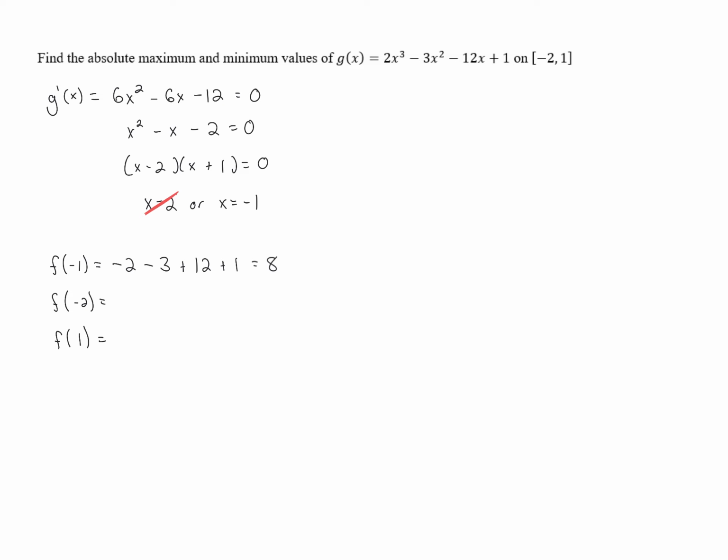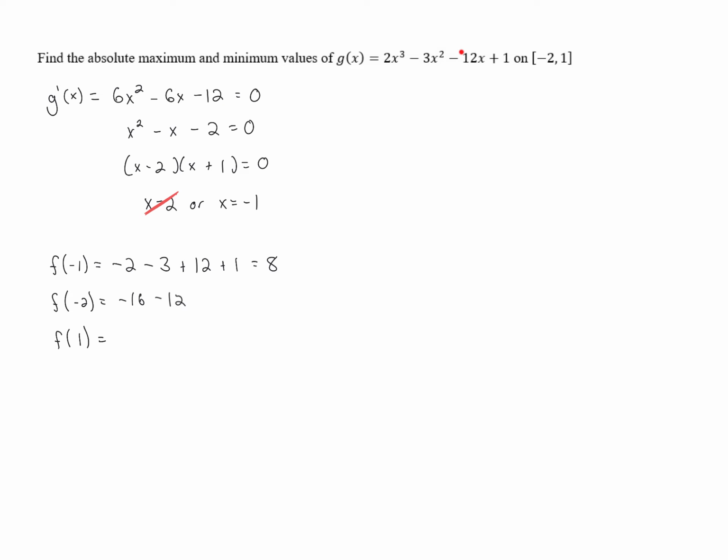Then we need to move on to -2. -2 cubed is -8, and 2 times -8 is -16. Then -2 squared is 4, and -3 times 4 is -12.